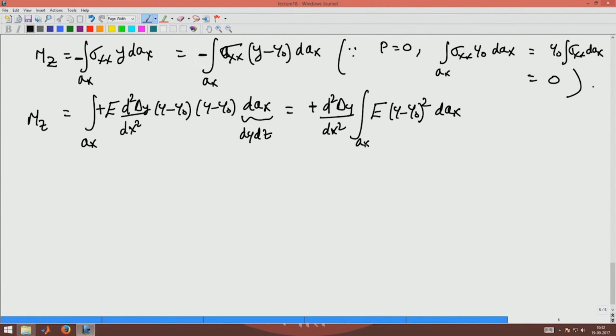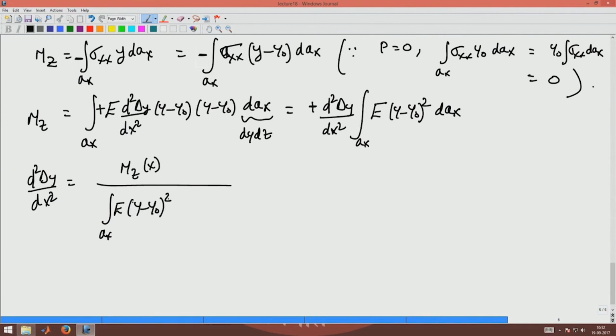In other words, from here I get d square delta y by dx square to be Mz, a function of x, divided by integral over A of x E times (y minus y naught) square dAx.